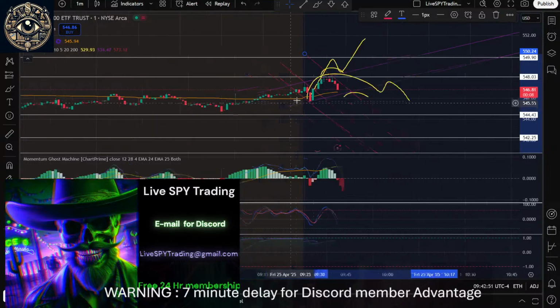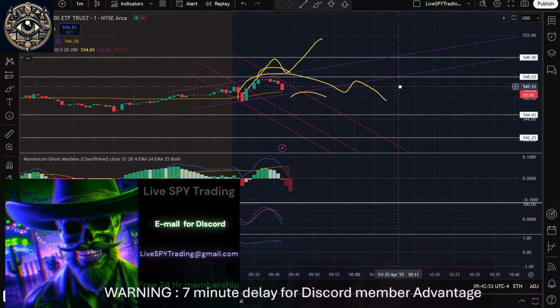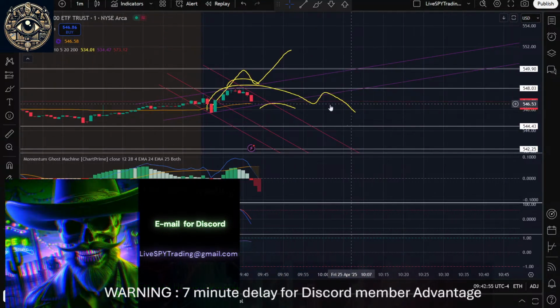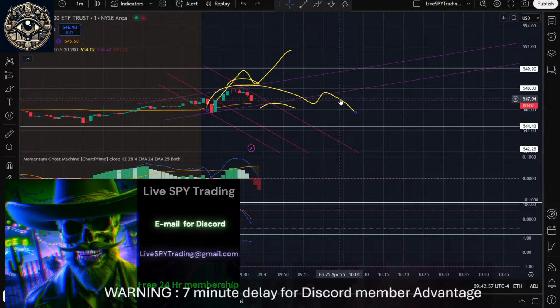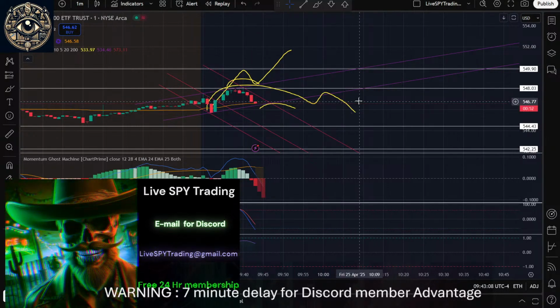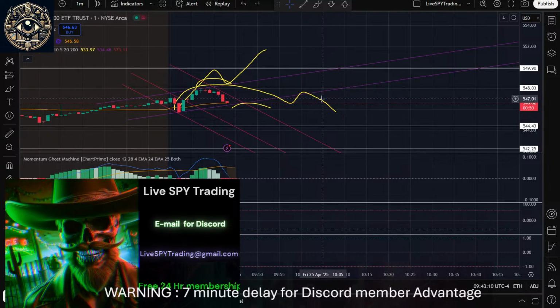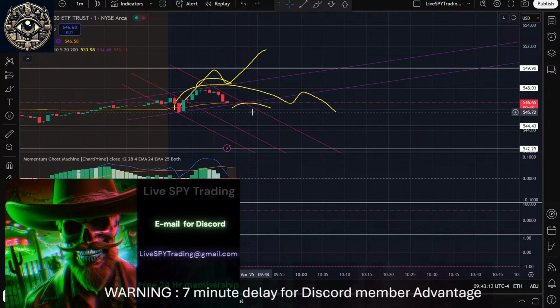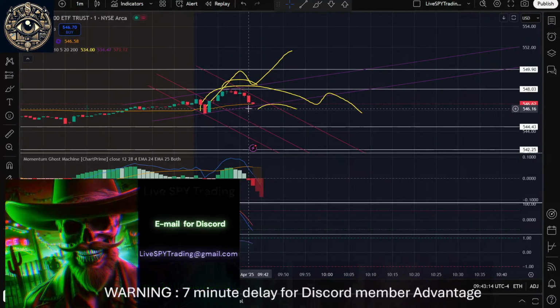All right, let's see what we got. Now we're going to test this purple. Let's see if it dances right here at this purple. Back to VWAP, right? See how it came right back to VWAP? The orange line. If you can't see it, we're right on VWAP right now.